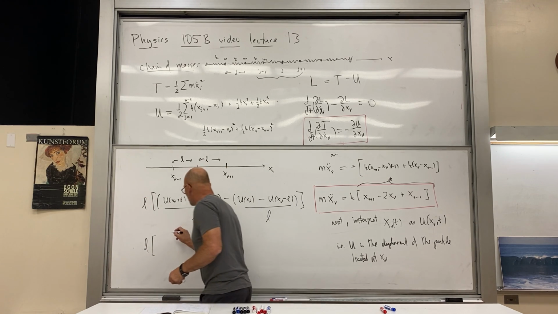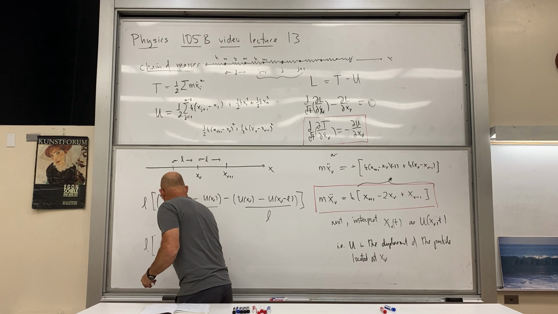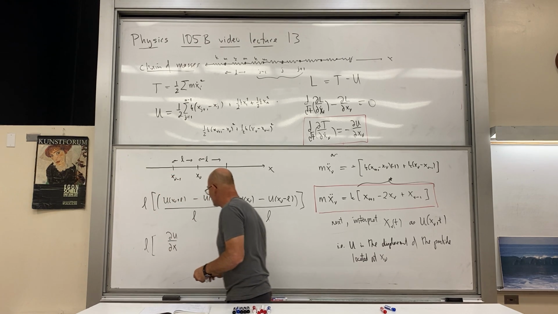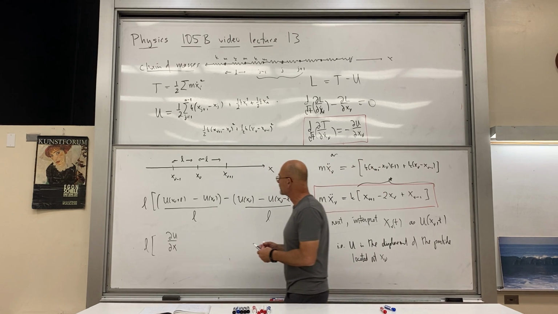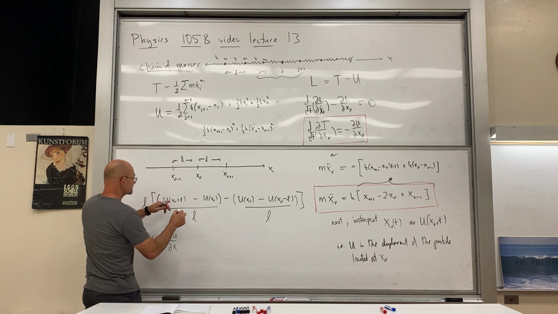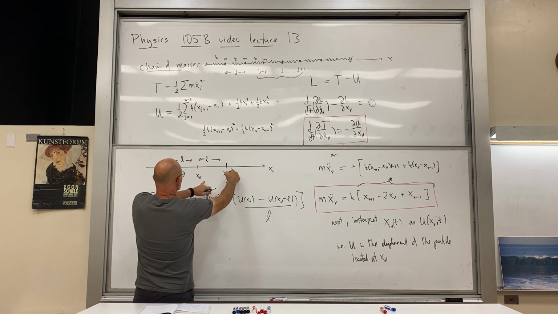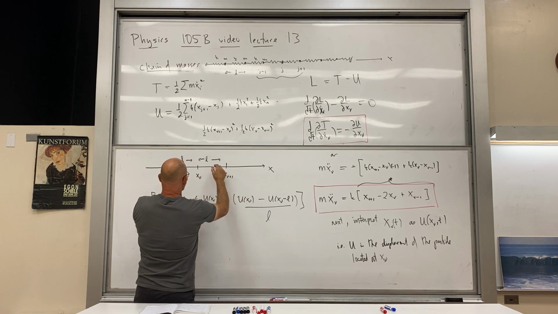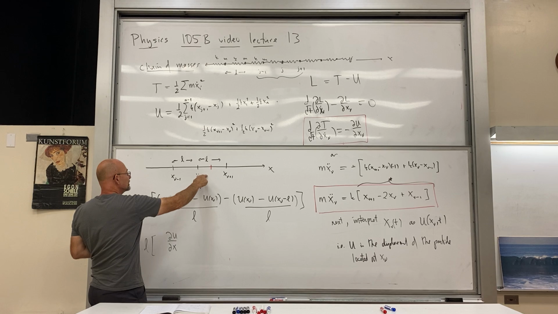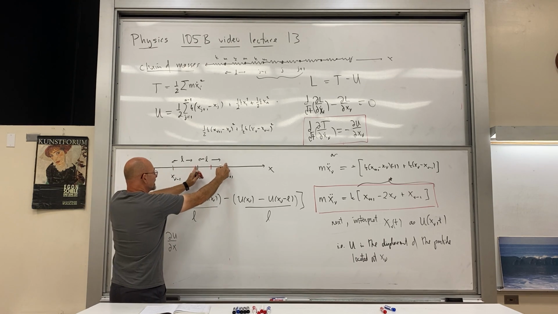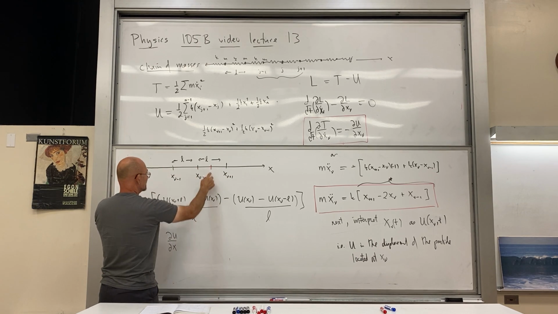This would be a partial with respect to x, located where? Here's my red pen. X of nu plus L, x of nu. So we could think of that as a partial derivative for x of nu plus L over 2. That would be right in the middle of those two. Right? Located right there.